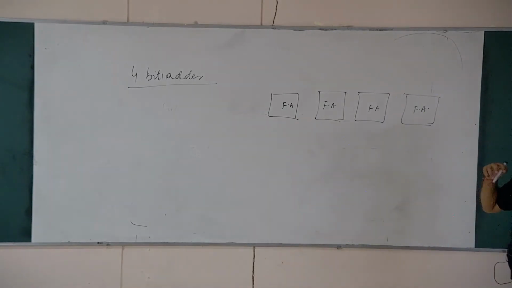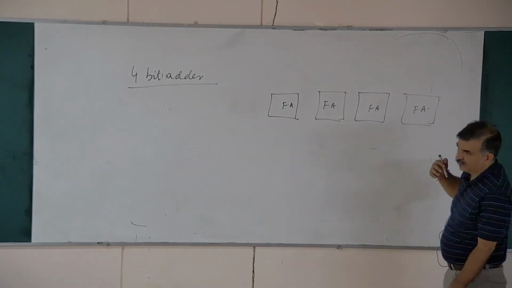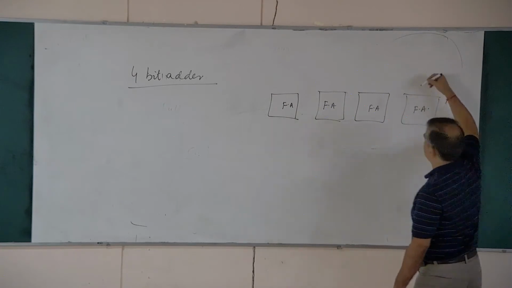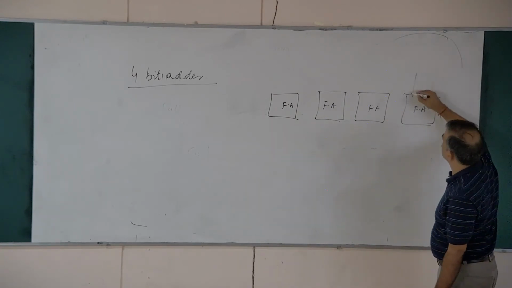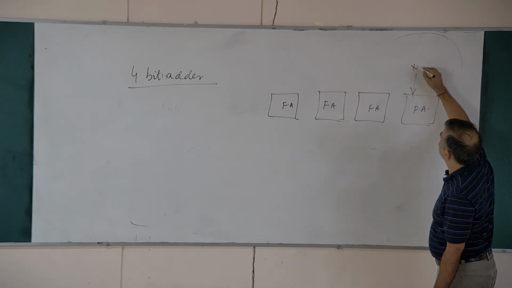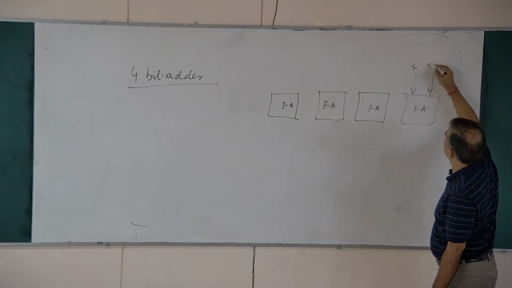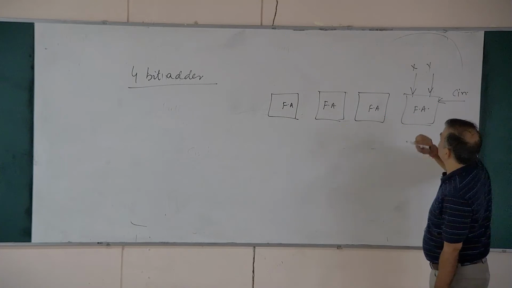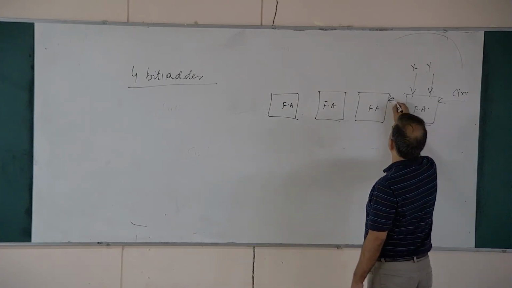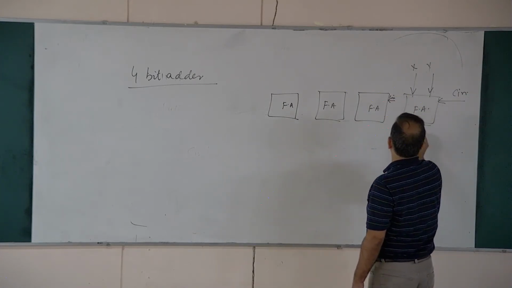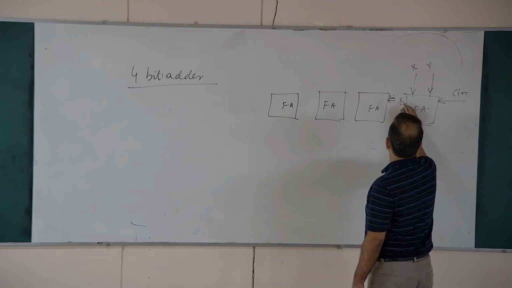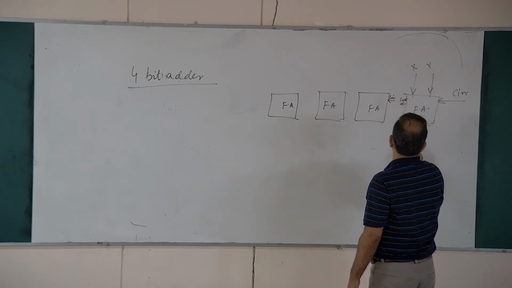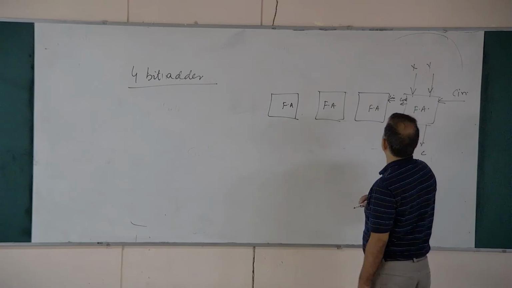So let us first of all draw the inputs and the outputs. Full adder inputs are X and Y, and C in. Similarly, C in, and the output is C out, sum and carry.